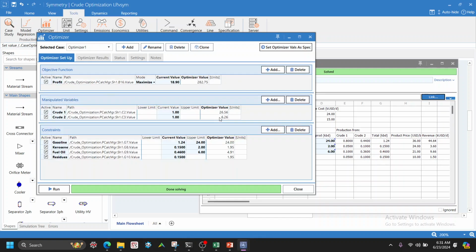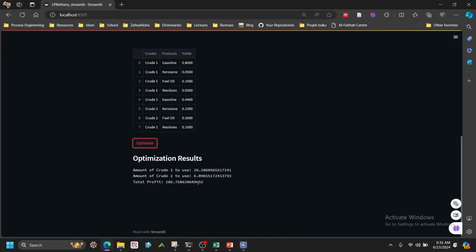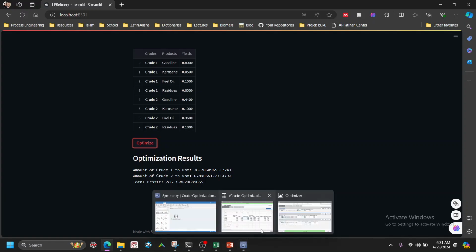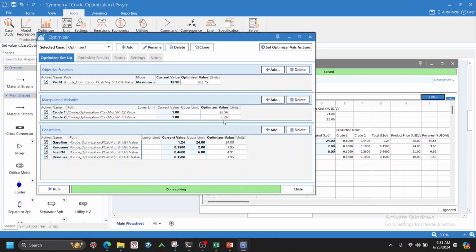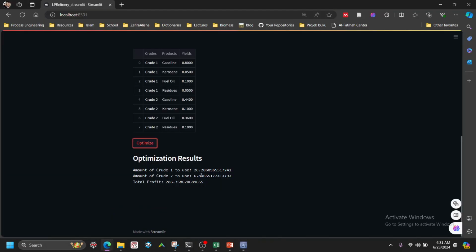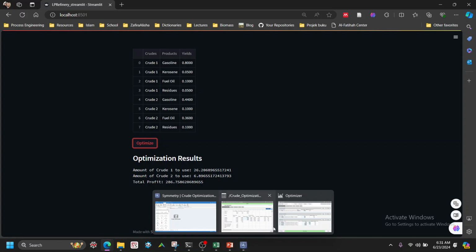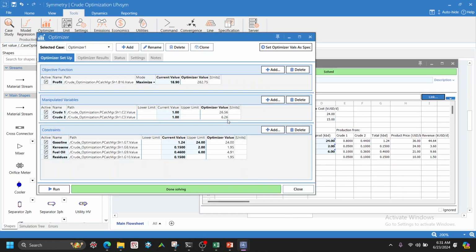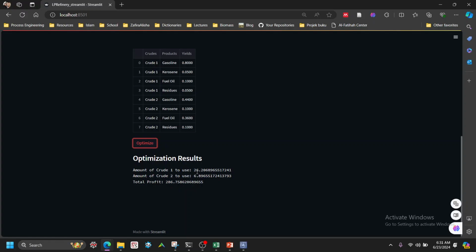We can see 282, while in fact you can go up to 286 by using 26.5 crude 1, while in this case 26.2 crude 1, and close to 7.9 for crude 2, which in this case is only 7.2 for crude 2. So Powell comes very close, while this is then the actual result.